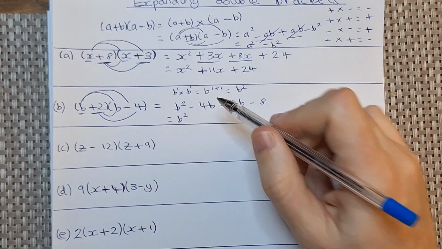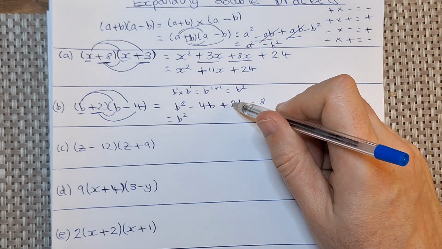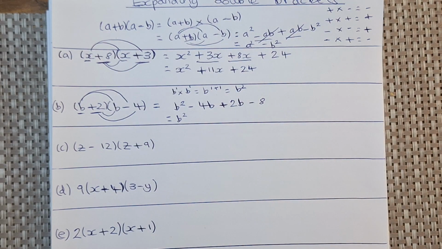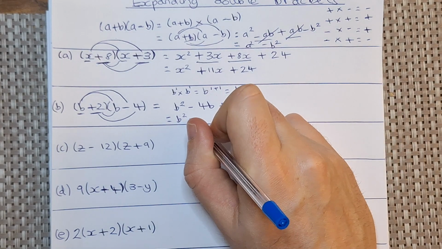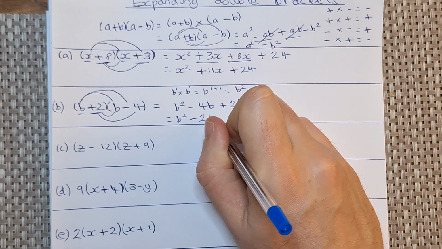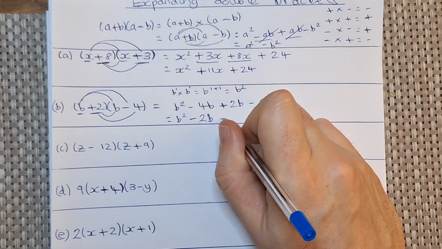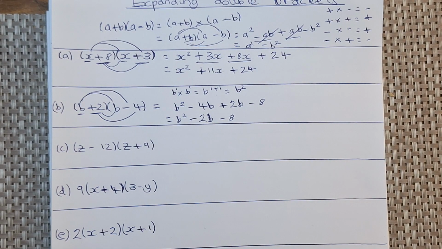And now we have minus 4b plus 2b. Easiest to do would be 2b minus 4b. So 2b take away 4b is minus 2b, and then minus 8. So that is b squared minus 2b minus 8.